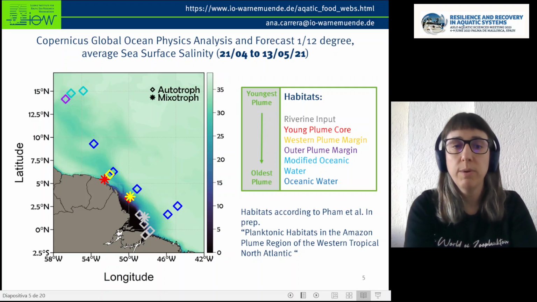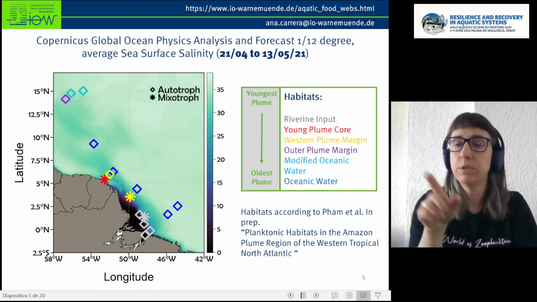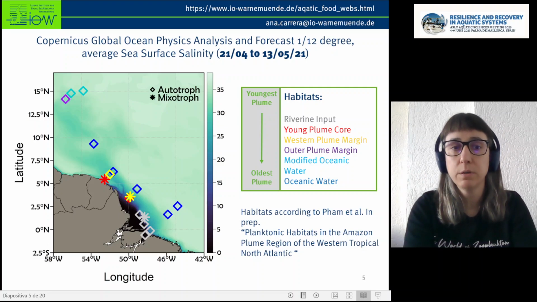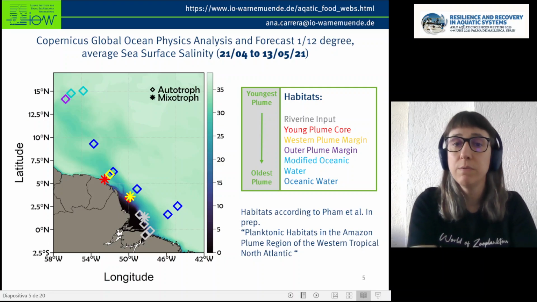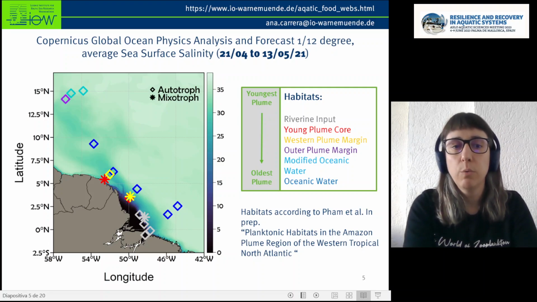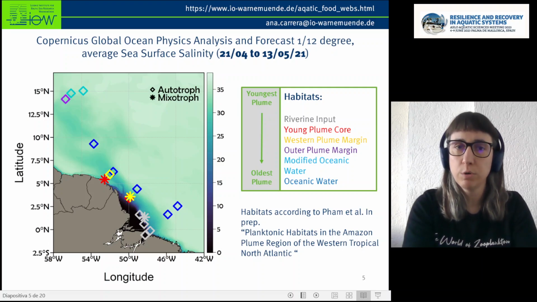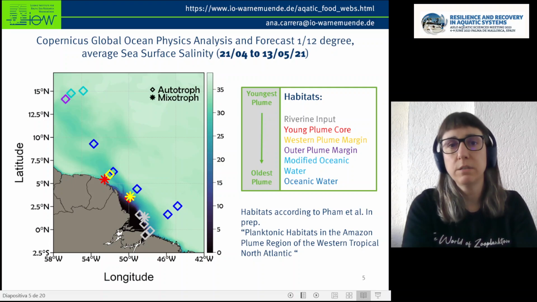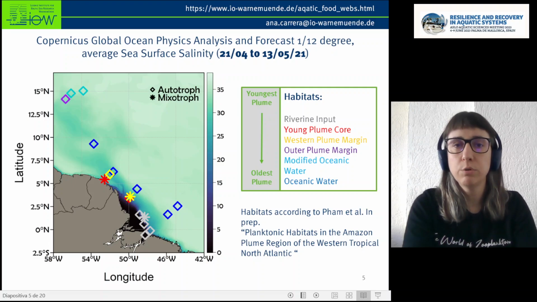So we begin in the mouth, where you see all these gray dots that belong to the riverine input, where salinity is low and turbidity is high, and then there's the next step of aging of the plume in the plume core, and this follows until the modified oceanic water, which would be the last stage of waters affected by the plume.